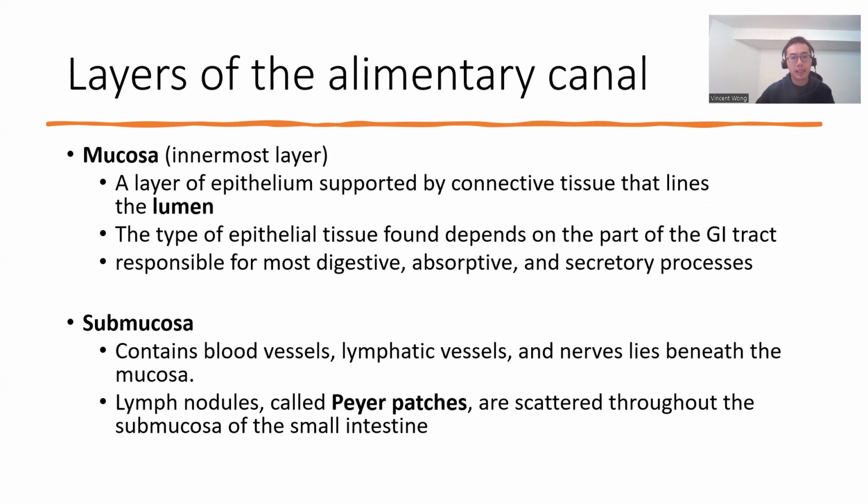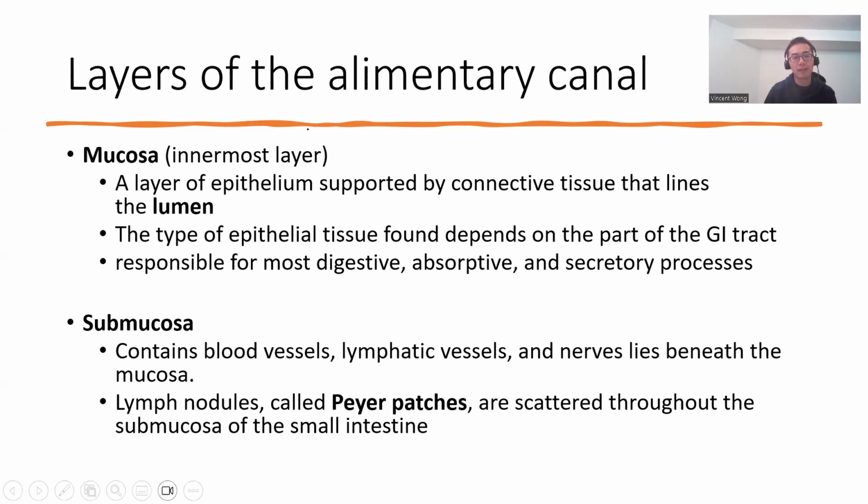So the GI tract, the alimentary canal, actually has 4 layers to it. Starting with the innermost layer, this is a layer where the food is directly touching. We call that the mucosa.